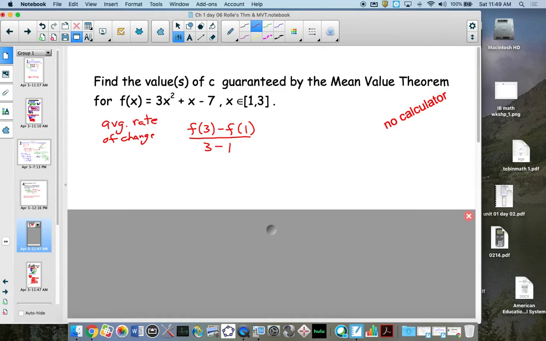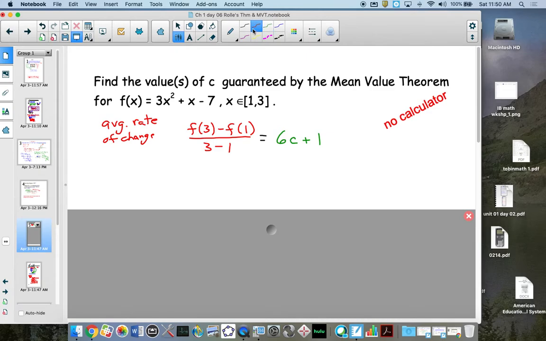And then we want that to be equal to the derivative at some value c. So the derivative of this is going to be 6x plus 1. I'm going to plug in a c for x instead of x. You can leave it as x, it's up to you. So that's the derivative at c. So now I just want to figure out when these are equal. So first of all, what is f of 3?